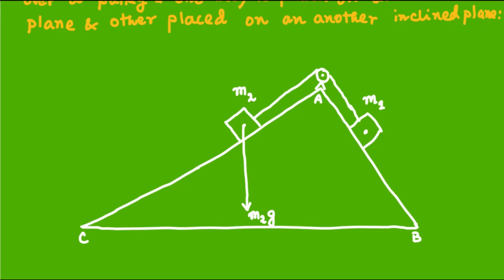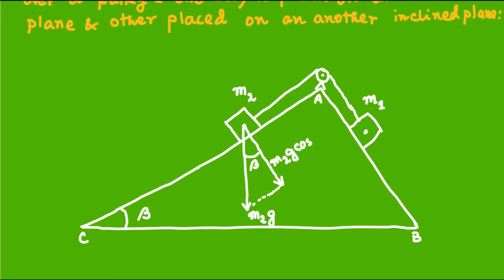m2g is the weight of the body which is acting vertically downwards, and m2g can be resolved into two rectangular components. First of all, we can draw this right angle triangle, and this component will be m2g. The angle of inclination of the inclined plane AC is beta.